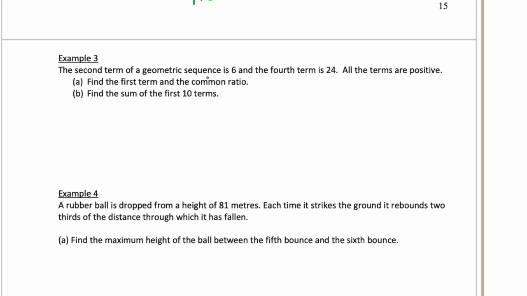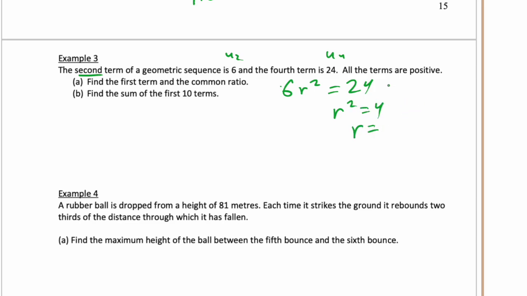Let's do one like this again. This is the second term, U2, and the fourth term. And recall to get R, we could do this: these are two terms apart, so you can say the second term is 6 times R twice, so R squared equals 24, R squared equals 4.